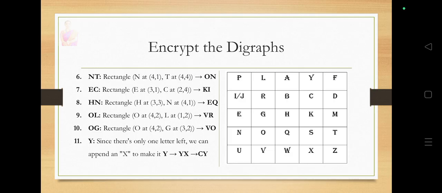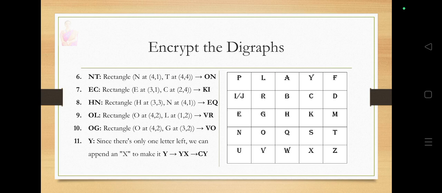Next plain text pair is N and T, and N and T belong to the same row. Now what do we have to do? Right side. You have to take the right side letter of N. What is the right side letter of N? O. And what is the next letter of T? N. Is it clear?